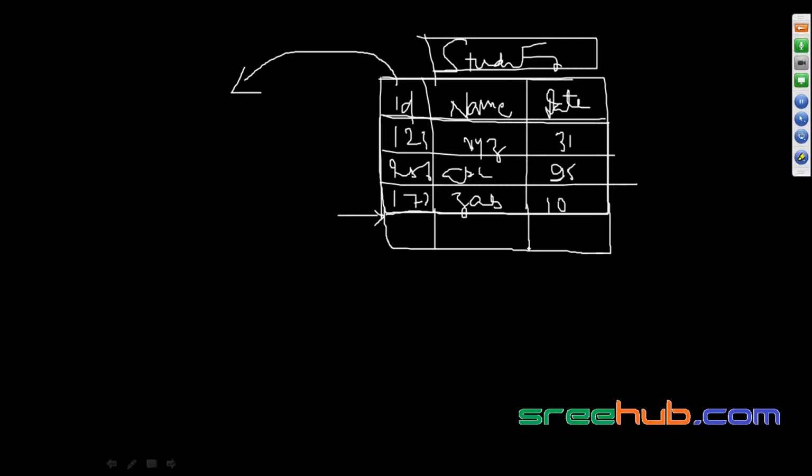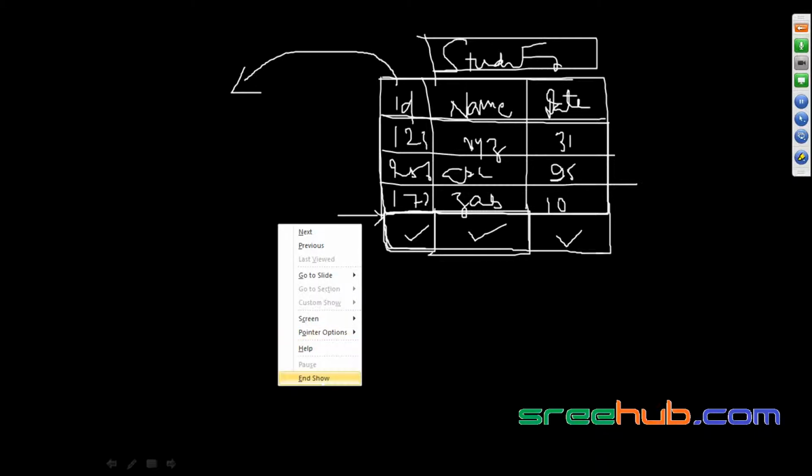Now how our result set allows adding a new row is, you have to go to the after last and just say update this cell, update this cell, and update this cell. Which means it feels as if you are actually updating an existing row. In the database table it is not there, but it is like you are updating an existing cell.